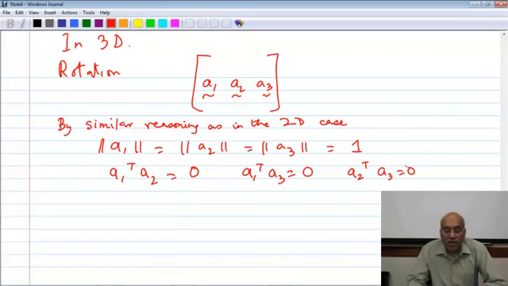So in other words, A1, A2, A3 correspond to an orthonormal basis, because each of these is of unit length.